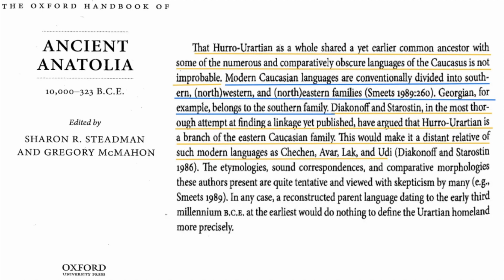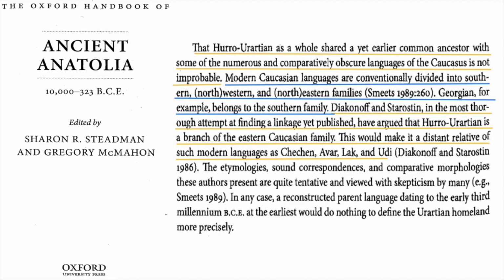And I'm just going to read this, dealing with the Hurrians and modern populations that could be connected to them. This is from The Oxford Handbook of Ancient Anatolia, and it reads, that the Hurrian as a whole shared a yet earlier common ancestor with some of the numerous and comparatively obscure languages of the Caucasus is not improbable. Modern Caucasian languages are conventionally divided into southern, northwestern, and northeastern families.